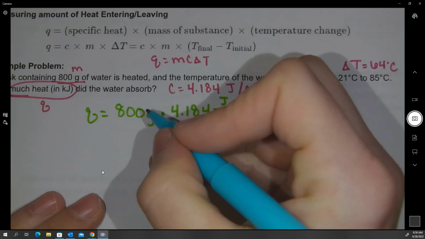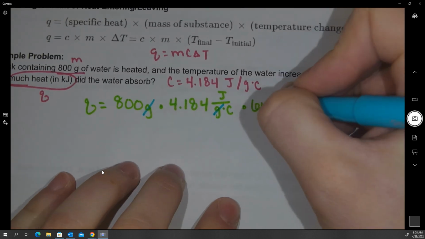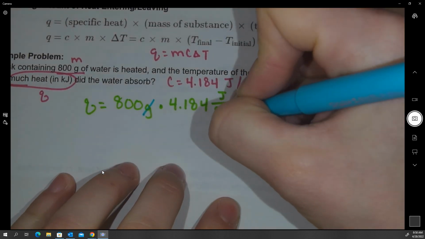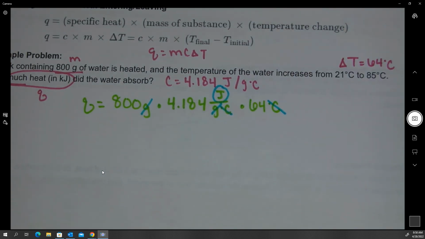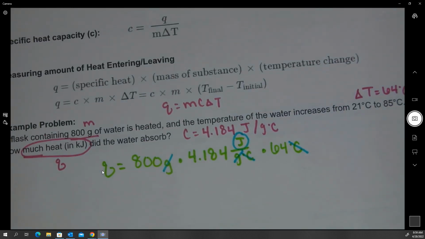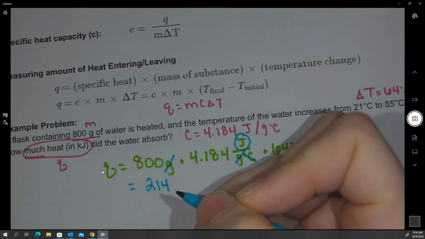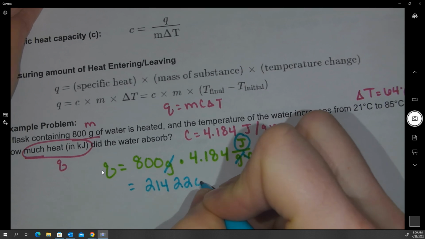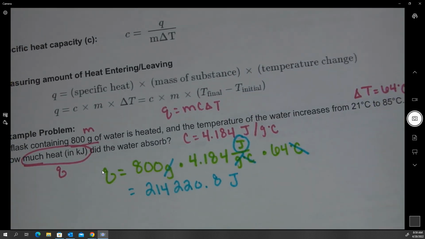Grams cancels with the grams underneath the unit in the specific heat, and degrees Celsius also cancels, leaving us with the unit of joules for our heat. Do we see that? We type this into our handy dandy calculator, and we will get a value of 214,220.8, and our unit is going to be joules.